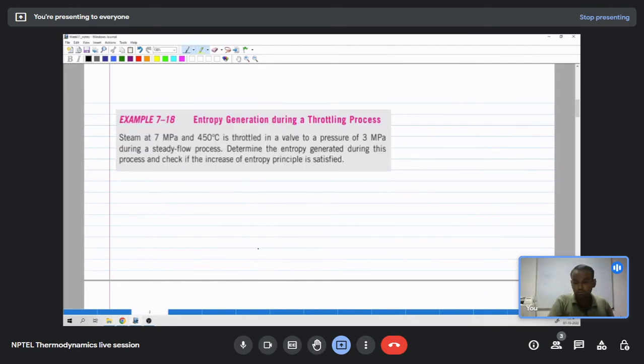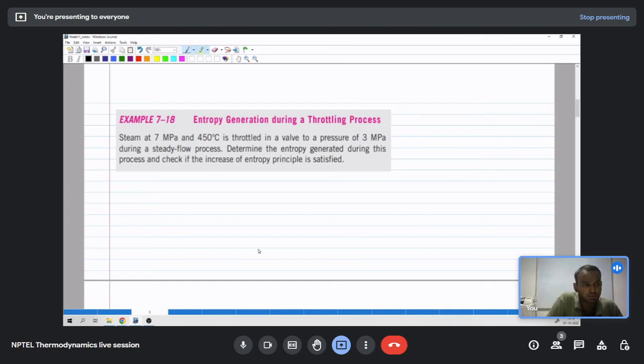So in the next problem, we have entropy generation during a throttling process. Steam at 7 megapascal and 450 degrees Celsius is throttled in a valve to a pressure of 3 megapascal during a steady flow process. Determine the entropy generated during this process and check if the increase of entropy principle is satisfied.